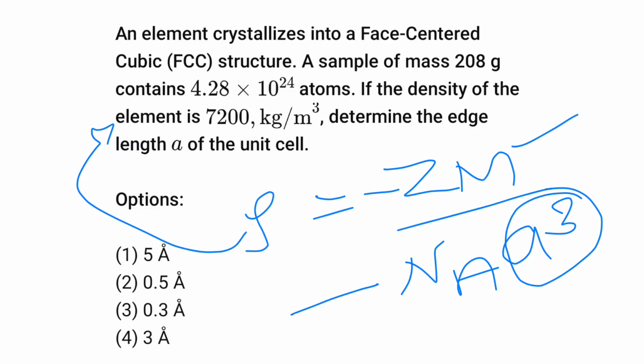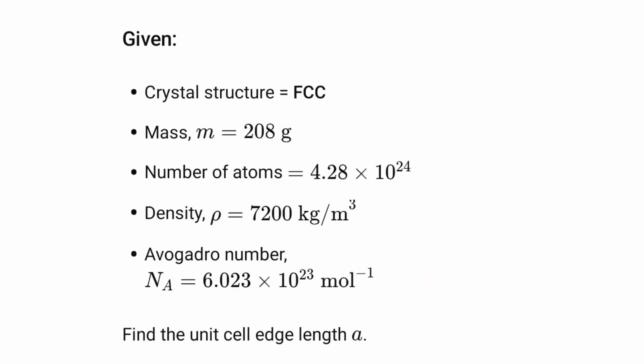First we have to find out the molar mass. The given data: crystal structure FCC, mass 208 gram, number of atoms 4.28 into 10 raised to 24.